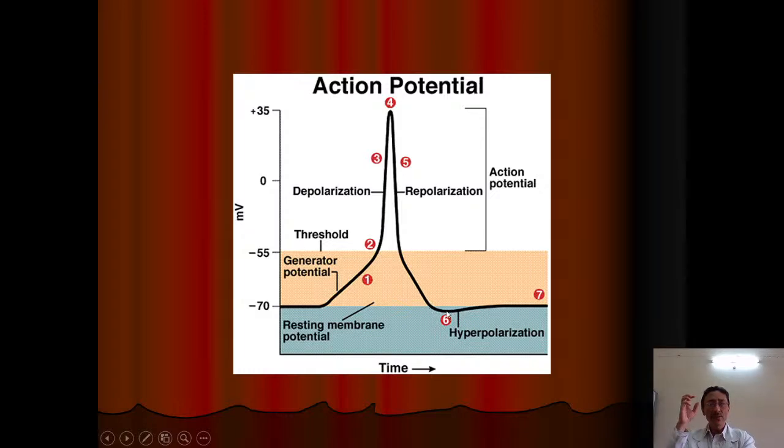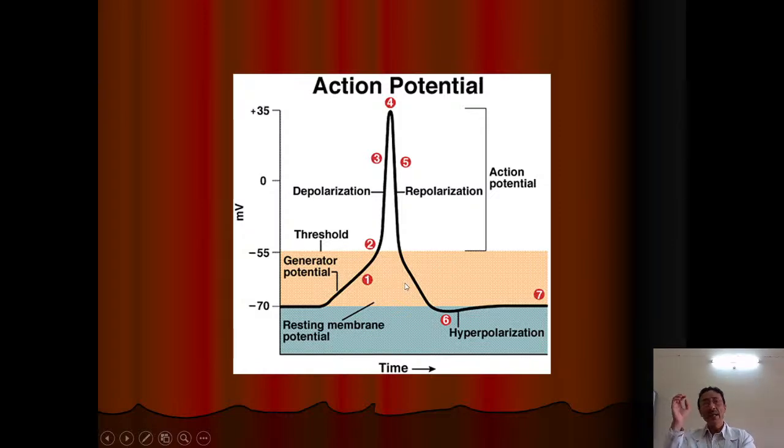This phase is known as the hyperpolarization phase, because some potassium channels remain open for a longer time. So more potassium ions would have diffused from inside to outside, causing the potential to fall less than minus 70. So that phase is called the phase of hyperpolarization. After a few brief milliseconds, all the potassium channels close and the action potential comes to an end.